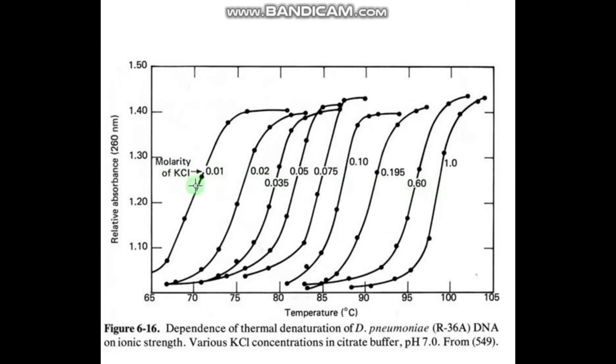So the midpoint is somewhere around 70 degrees at the low concentration, but it's actually not far off 100 degrees by the time you reach 1 molar salt concentration. So what that's showing you is that this ability of the positive ions to effectively screen the negative charges of the phosphate groups from one another makes a huge difference to the stability of the DNA structure.